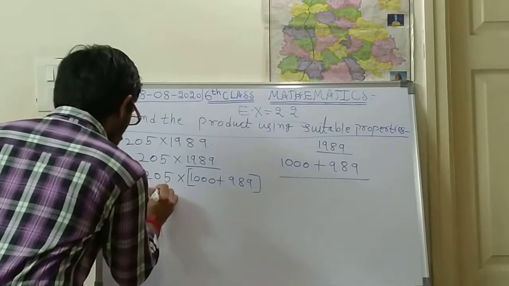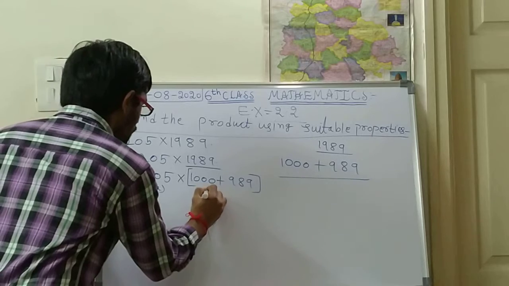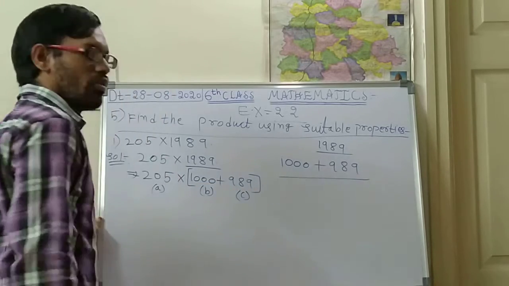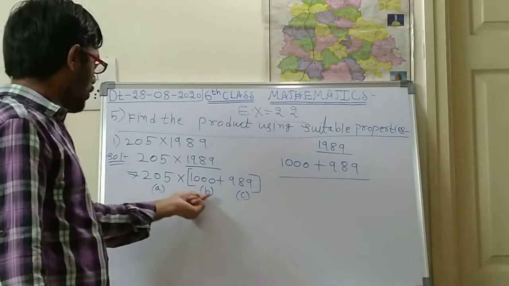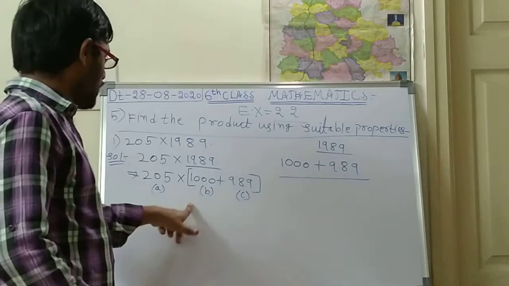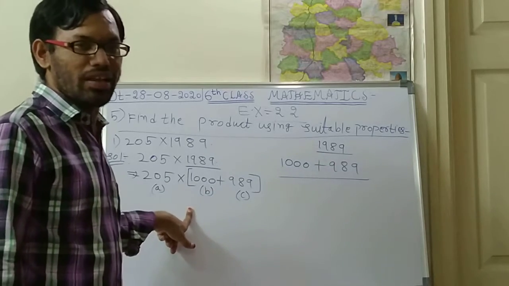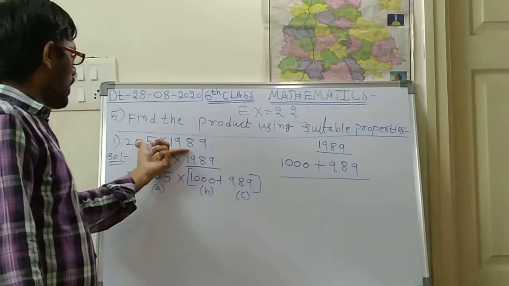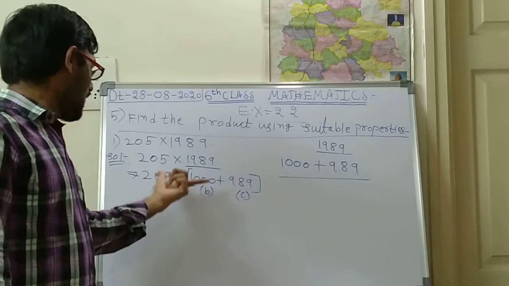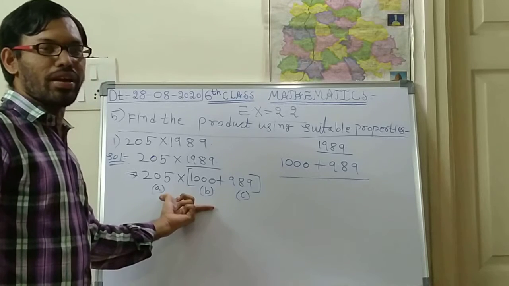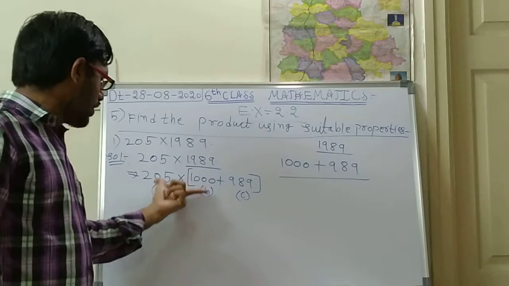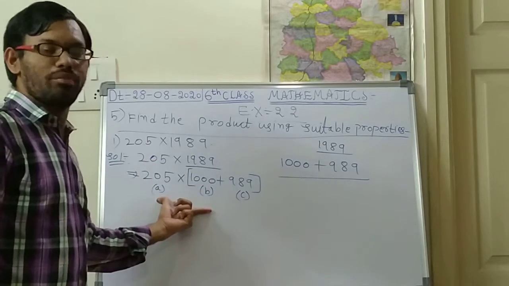Looking at this, you are getting one of the properties. 205 as A, 1000 as B, next 989 as C. So A into B plus C. There is one property like this. In the question no property was given; indirectly we have converted it into a property.